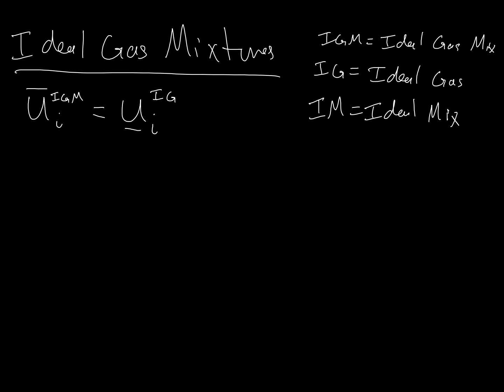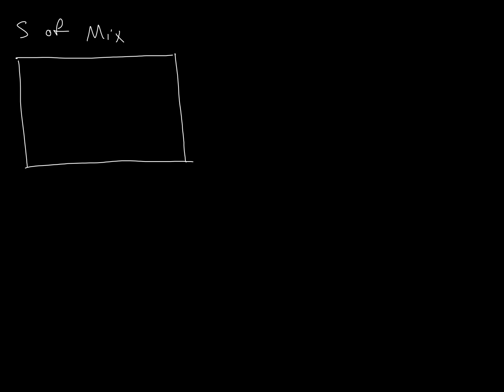Okay, so what we're going to talk about now is entropy of mixing. So we are going to construct another arbitrary system of sides A and B. So we have N_A, T_A, P_A, N_B, T_B, P_B.